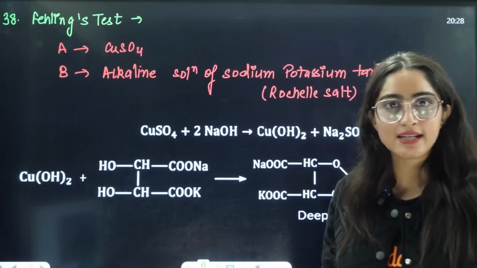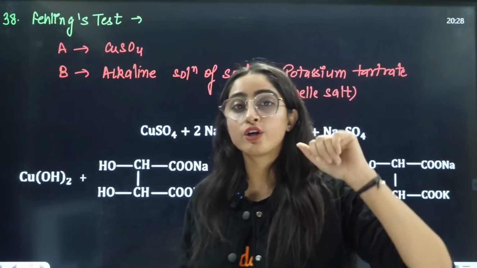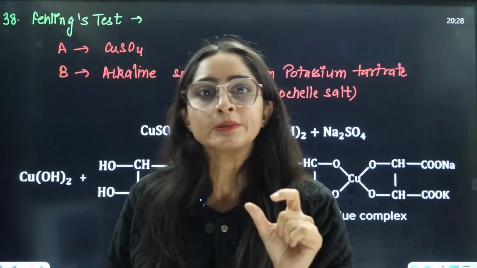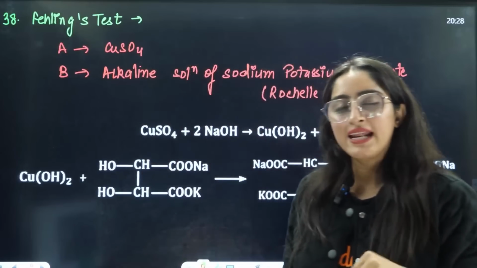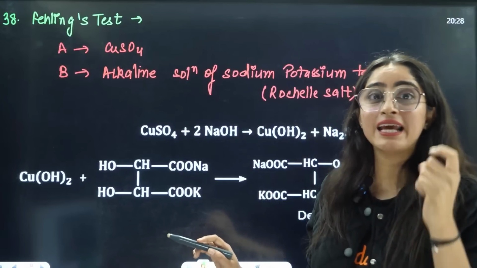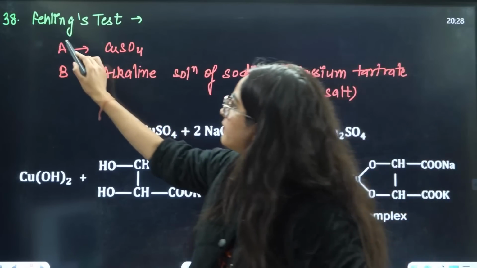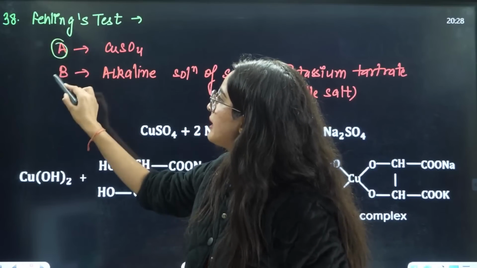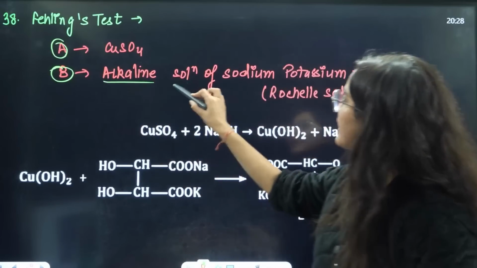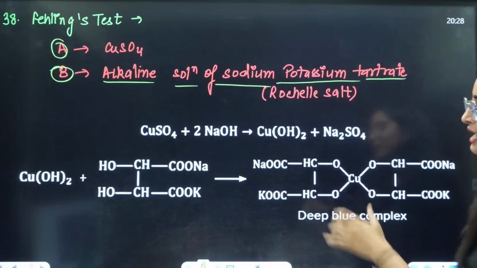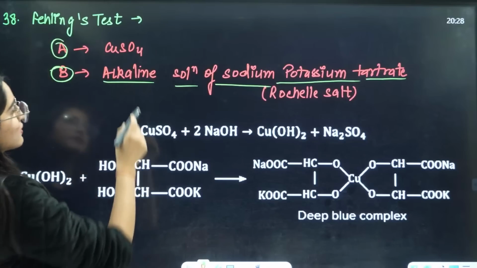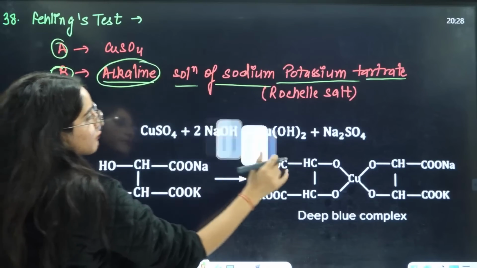Next we have the Fehling test. Now Fehling and Benedict are almost the same. There is just one difference here, right? So the Fehling test is also applicable for aldehydes only. But in the Fehling test, there are two kinds of solution, Fehling A and Fehling B. Fehling A is copper sulfate. Fehling B solution is an alkaline solution of sodium potassium tartrate. Because of this alkali, this NaOH, you will have the formation of Cu2+.